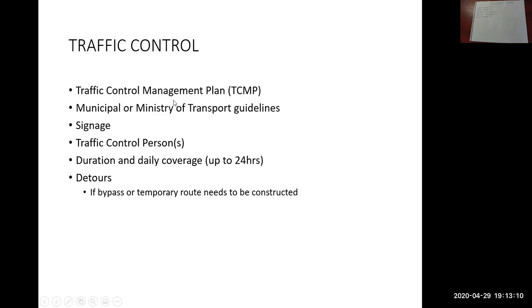So on projects where you're working for municipalities or maybe the Ministry of Transportation, so the BC government, in other words, will require you to produce a traffic management plan, which shows in great detail all the effects on traffic that you're going to have.